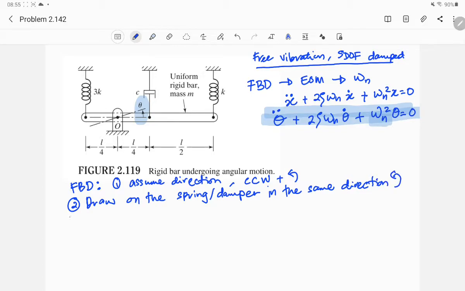Okay, the third thing is only then you draw on the mass. In this case, the mass, or the J naught, is basically the bar.